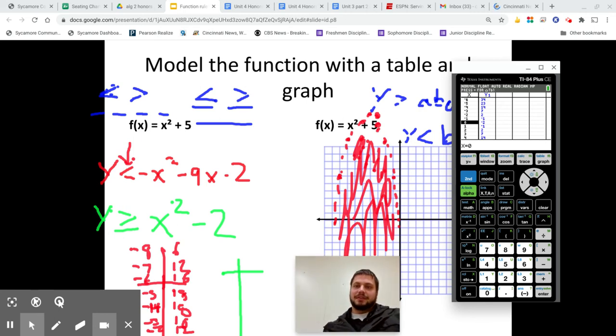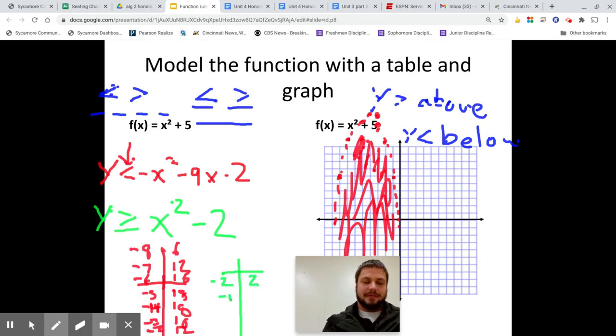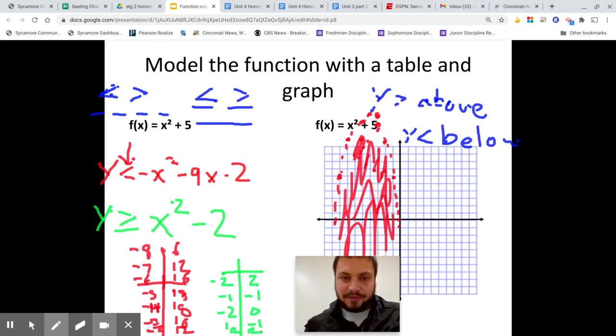So what I've got here is -2, 2, -1, -1, 0, -2, 1, -1, and there's also 2, 2. And I'll plot those points.